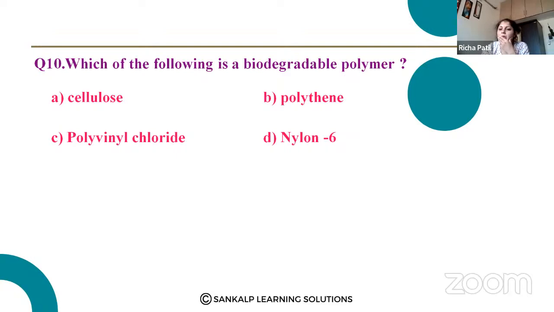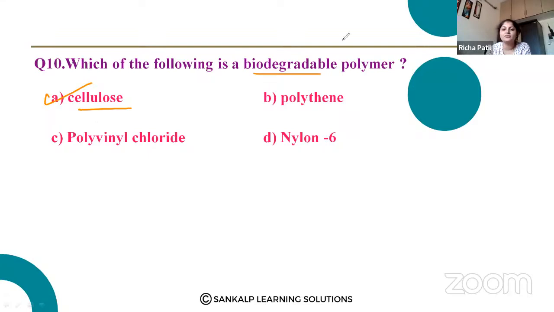Polyvinyl chloride, no. It is A. Okay, cellulose. So cellulose is obtained from nature, so it can be easily degraded by microorganisms. Biodegradable. So it is cellulose. Cellulose is the correct answer.